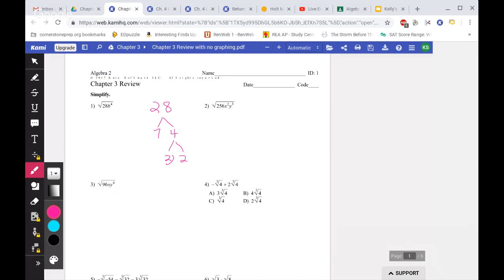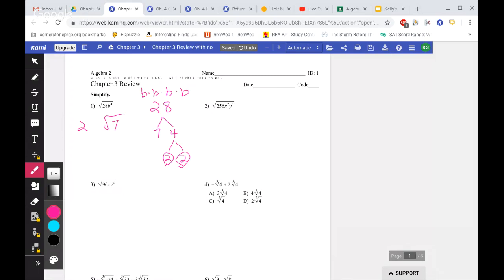So I've got a pair of 2s. When you're finding square roots, you're looking for pairs. Once you find a pair, that is a pair of 2s, there is a pair of 2s represented, and then there would be a 7 left inside. And now that is b raised to the 4th. So that technically looks like this.